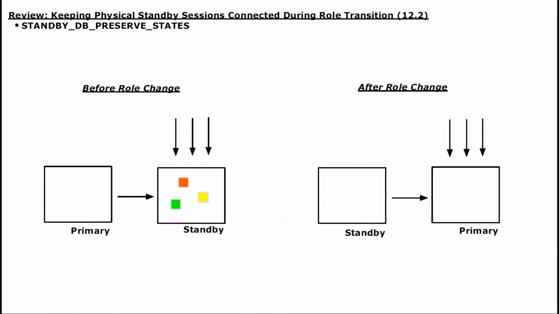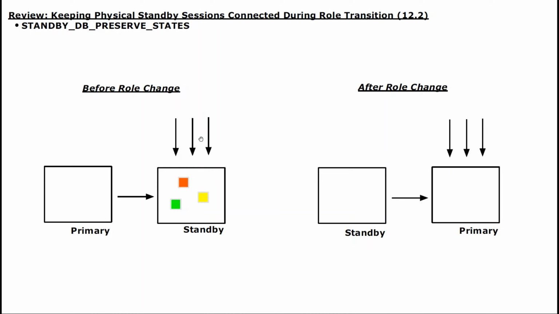Okay, so I brought up my handout here. In 12.2, the standby database preserve state init parameter was introduced. The idea was, before role change, we could offload reporting operations to the standby database.